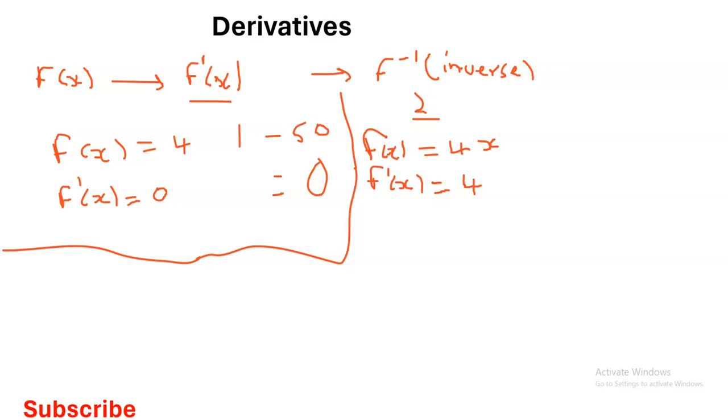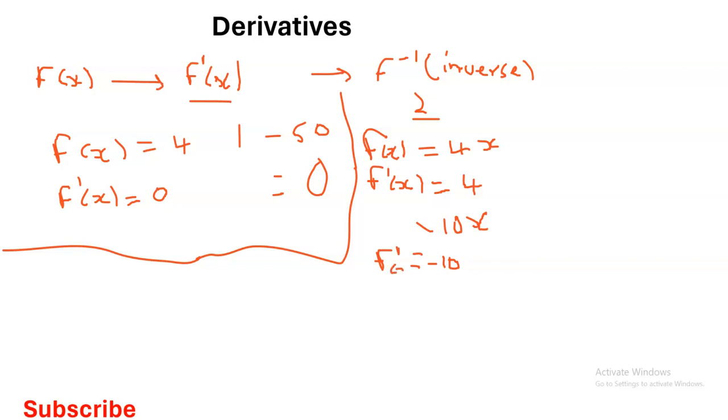Same thing. If tomorrow they give me f(x) as negative 10x, for example, therefore the answer will be negative 10. So the derivative is equal to the number that is attached to your x.